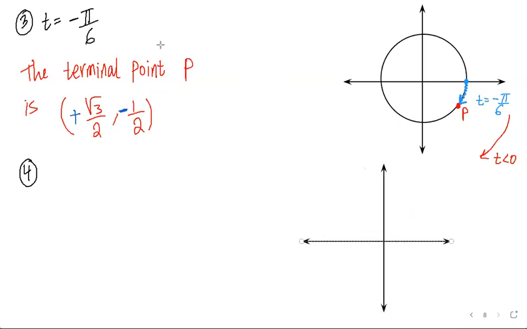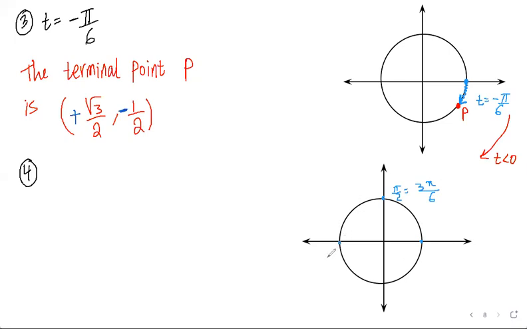Here is my unit circle again. This point is 0. This point is pi over 2, or actually equal to 3 pi over 6.